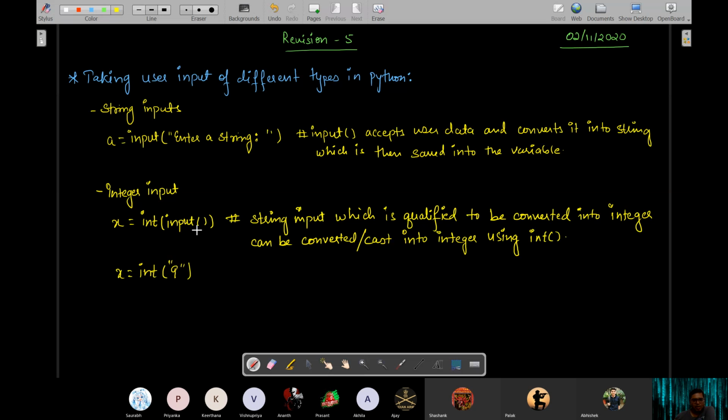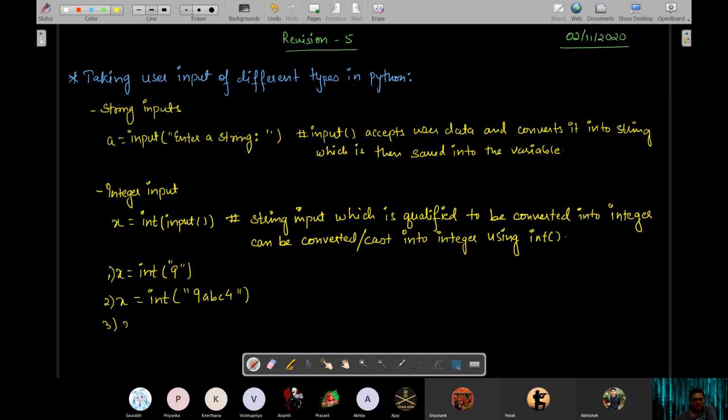Assume that after conversion by the input function the number becomes this one, string 9. Then the second one, this is the first case, this is the second case. User gives 9 ABC 4.